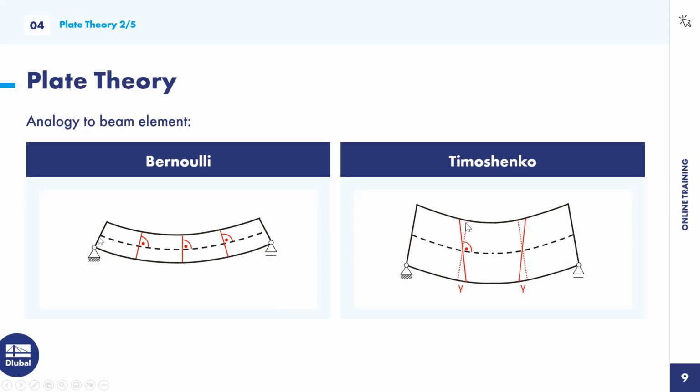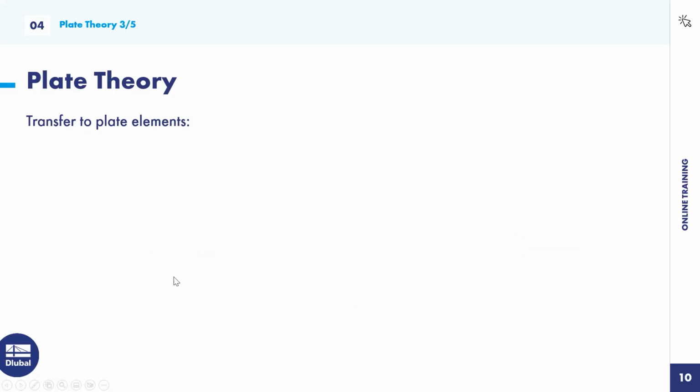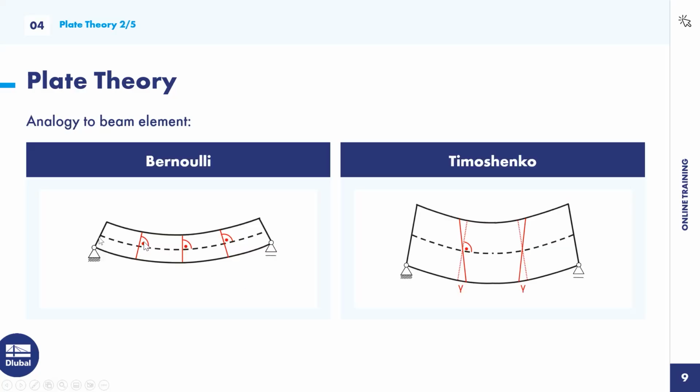perpendicular to its axis geometry. For the Bernoulli beam, the cross-section will stay perpendicular. But with our shear deformation in the Timoshenko beam, it will now deform by this shear angle. So that's the main difference.